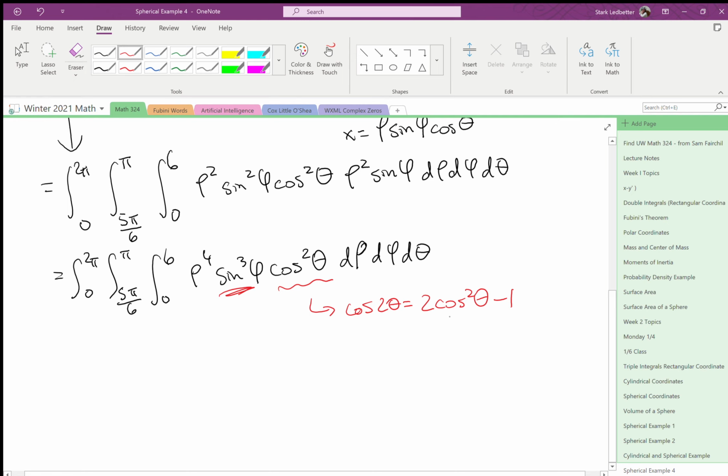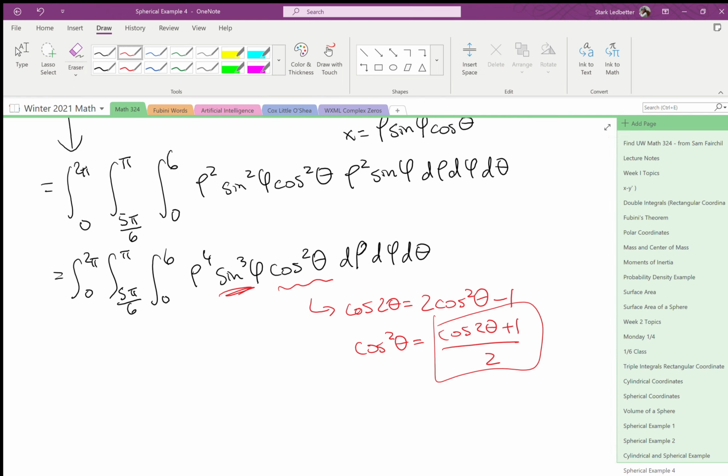If we rearrange this, we get cosine squared theta is cosine 2 theta plus 1 all over 2. And then now we know how to integrate this thing with a little bit of easy chain rule. Okay, so play around with that, integrate it yourself. I think the answer that you get is a little bit more than 83, probably closer to 84. If you want to check your answer, then that should help you.